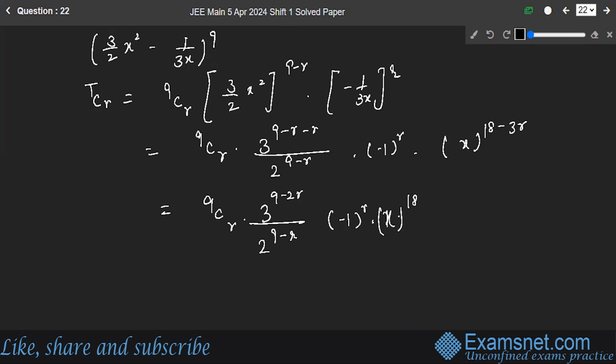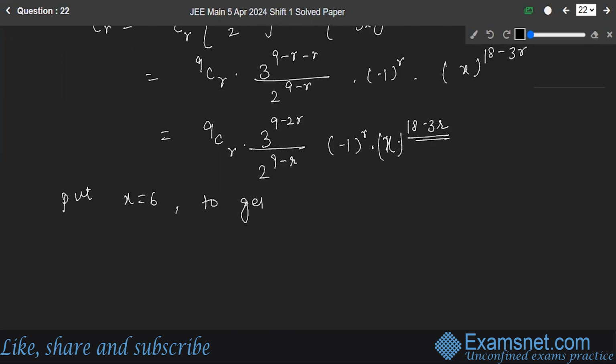X power 18 minus 3r. Right. Now I want the x coefficient to be equal to 0, because for the constant term you need the term with x power 0. So let's put the exponent equal to 0 to get the coefficient of x raised to power 0.